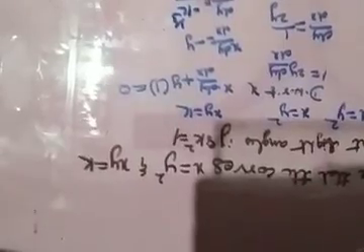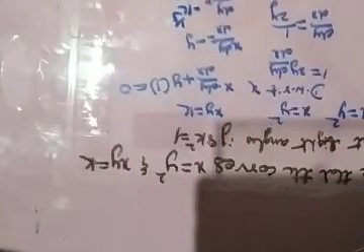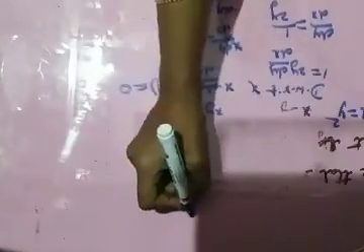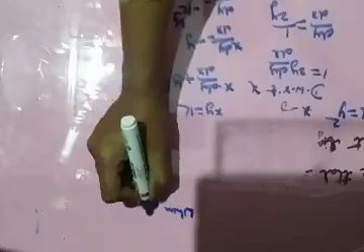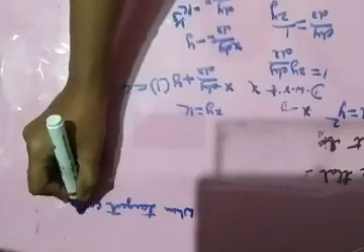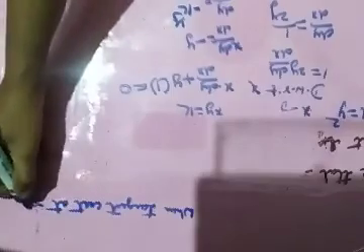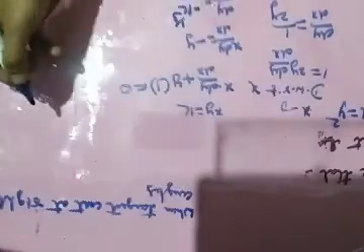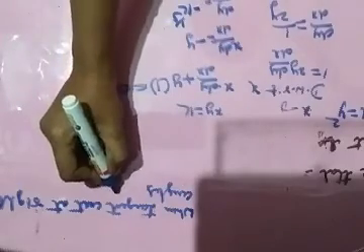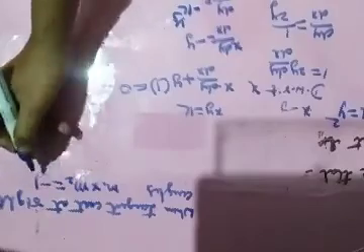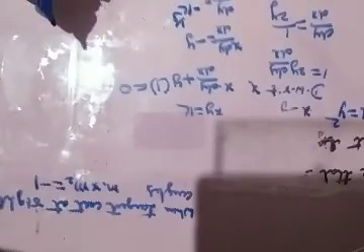Next, they had given that the curves cut at right angles. When the tangents cut at right angles, m1 into m2 is equal to minus 1.